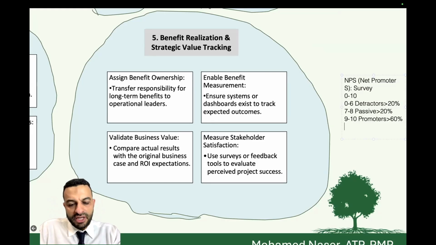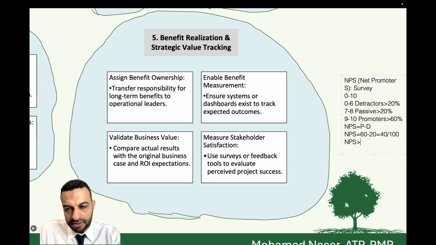So the equation here is: net promoter score equals the promoters minus the detractors. So here it's 60 minus 20 equals 40. So your net promoter score is 40 over 100. The higher the net promoter score, of course, the better.